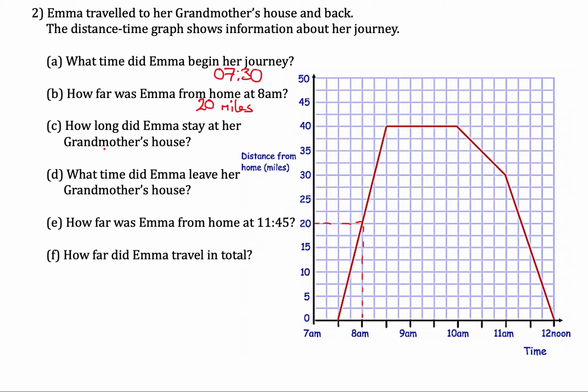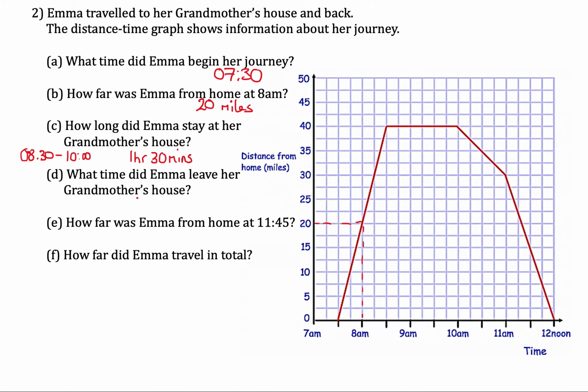How long did Emma stay at her grandmother's house? We're assuming this is the point she reaches her grandmother's. She stays there and then she comes back. So she arrived there at 8:30 and stayed there until 10 a.m. So she was there 1 hour and a half, or 1 hour 30 minutes, doesn't really matter how you give that answer.